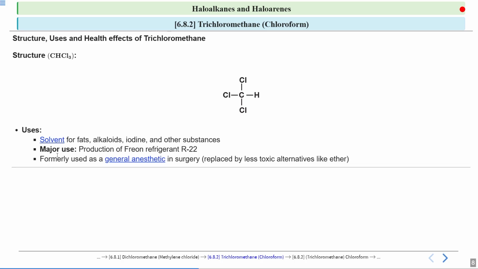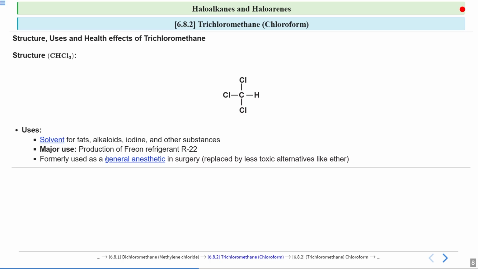The third use is that it was formerly used as a general anesthetic in surgery. It was later replaced by less toxic alternatives like ether. So chloroform was also used as a general anesthetic in surgery in the medical field. Nowadays we use ether as a general anesthetic in surgery in place of chloroform, because chloroform has a toxic nature.